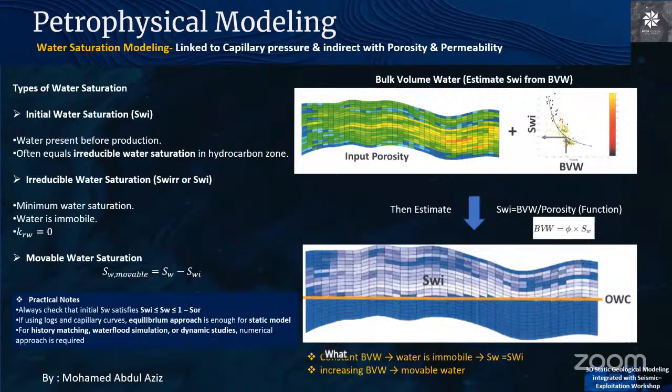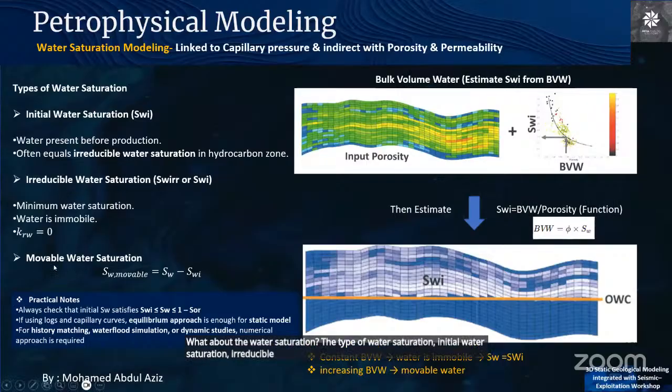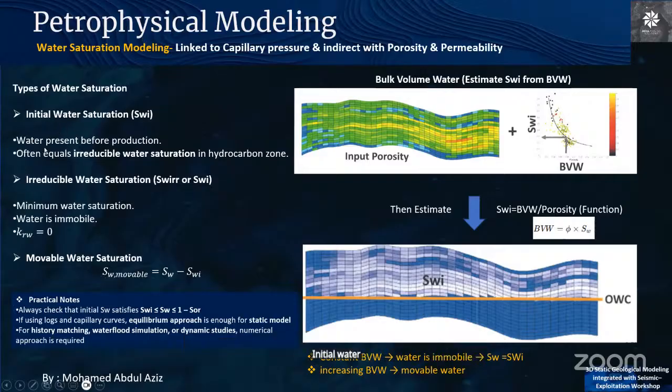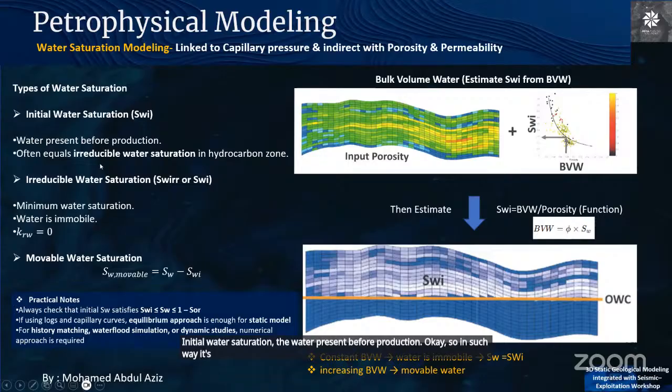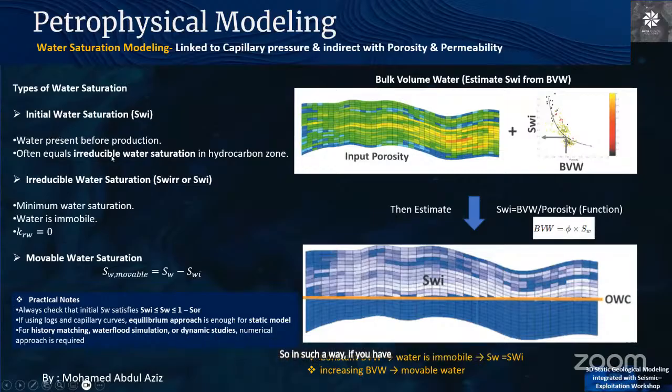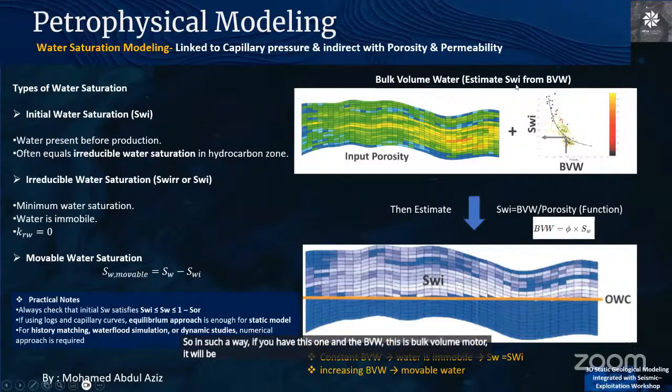What about the water saturation? The types of water saturation are initial water saturation, irreducible water saturation, and movable water saturation. Initial water saturation is the water present before production. So it equals irreducible water saturation in the hydrocarbon zones. BVW is the bulk volume water, and it will be estimated from Sw using the porosity.